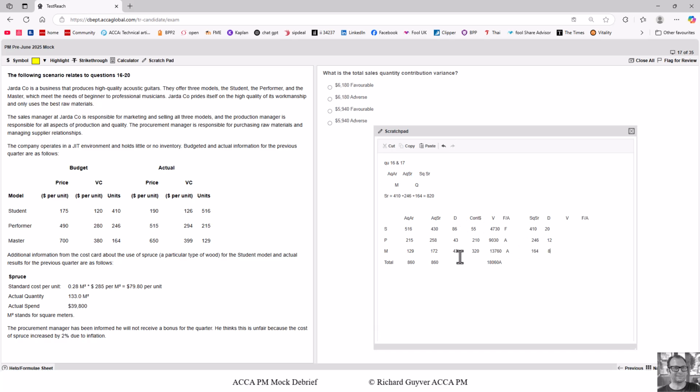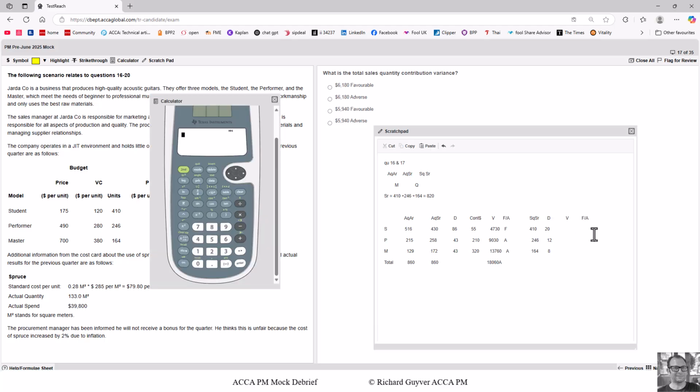Unlike this one where the column should total 0, I would not expect the column to total 0 because then there'd be no variance, because we're talking about a yield type variance now. So this time I'm multiplying the contribution of 55 by the variance of 20 is 1100.